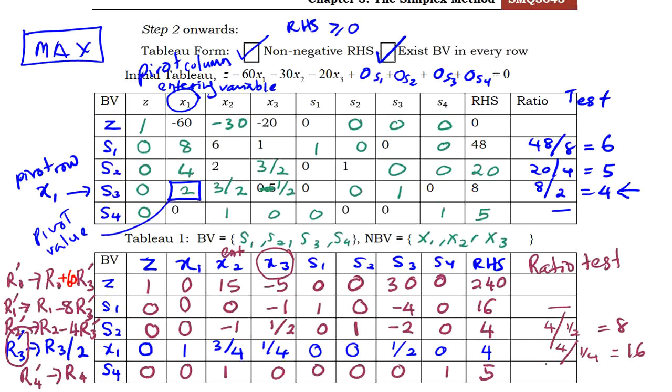We also don't take 0 for ratio test. No negative and no 0, okay? If you find the ratio negative or over 0, then you just put dash. So for this case, the lowest ratio is 8. Therefore, S2 will become the leaving variable.